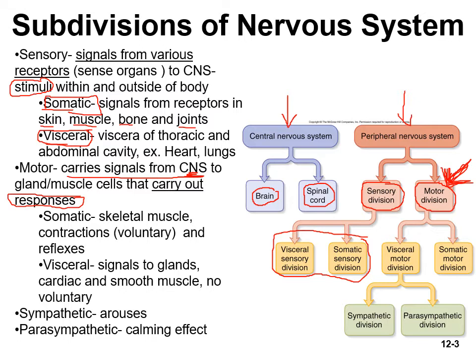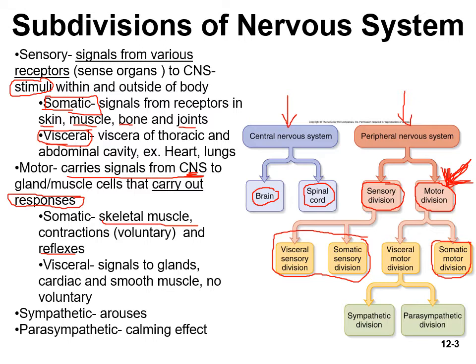We're going to have the somatic motor division, which will once again concentrate on getting things like contractions in your skeletal muscle and focusing on reflexes, okay? So if you see that you're swinging your arms, your legs are moving faster, you're doing the reflex of, hey, you hit your hand or you touch something hot, you're pulling it away, that is all a response. That's part of the somatic motor division.